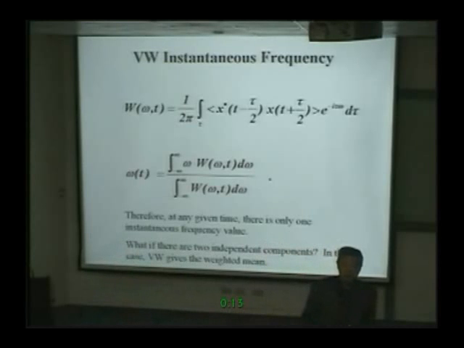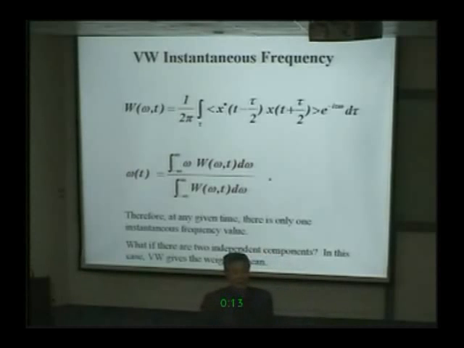For example, we go to a symphony and we have different instruments playing at the same time. Of course, different instruments will not play at the same frequency. You may have the bass drum, you may have the violin or whatever. When you record the symphony, what do you get? You get a time series, and if you use this, then at any particular time there is only one frequency.